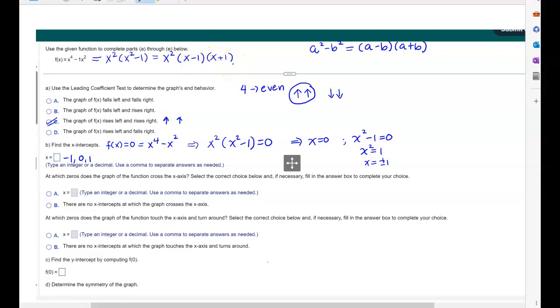Now that we have this in factored form, we have identified our zeros to be 0, 1, and negative 1. Then all you need to do is look at the multiplicity.